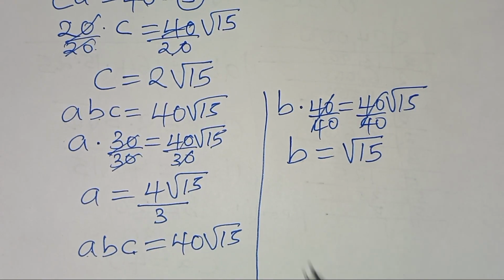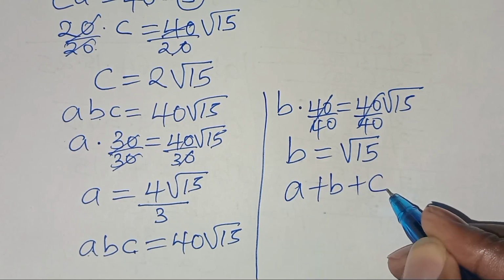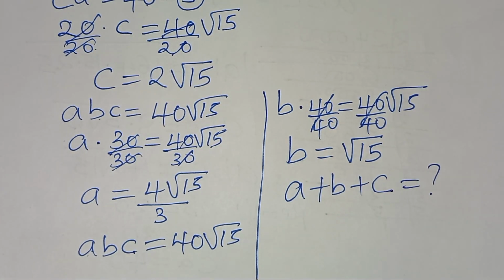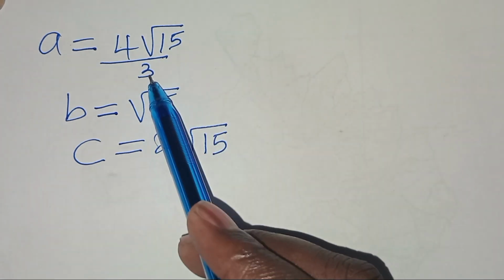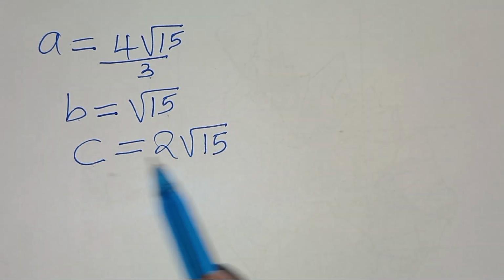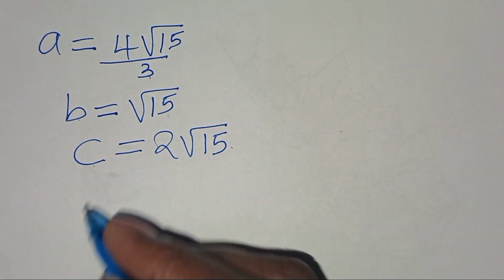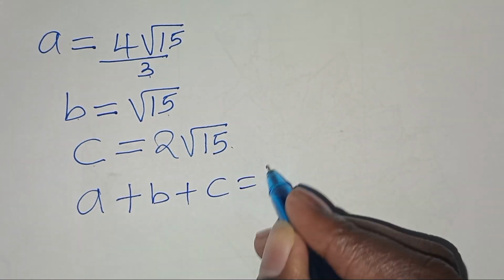Okay, so let's proceed to calculate a plus b plus c. Now we have the value of a equal to 4 square root of 15 divided by 3, b equal to square root of 15, and c equal to 2 square root of 15. So the question is, what is a plus b plus c?